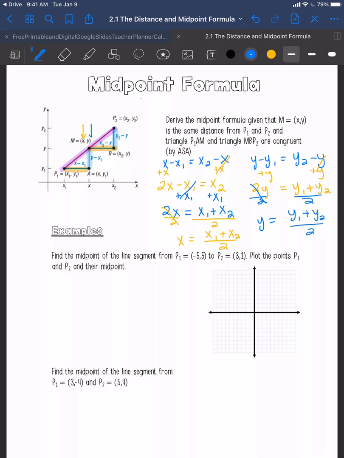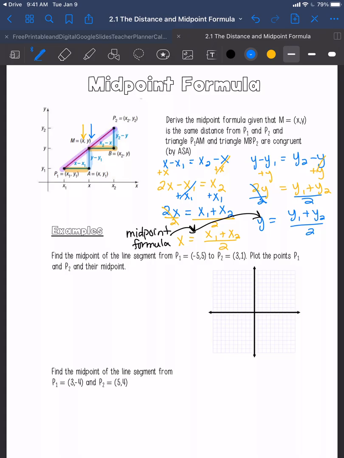Y is referring to the y-coordinate of the midpoint. So that right there is your midpoint formula. You're really just averaging the x values and averaging the y values to get your coordinate of your midpoint.